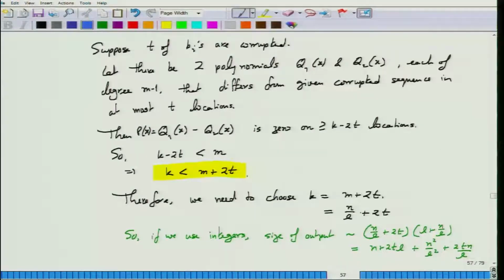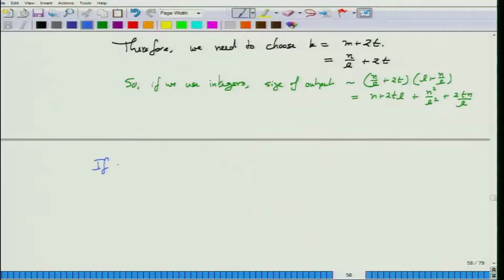Let me just start from here again and do a calculation. Size of output is k times L, and that is L times (n/L plus 2t), which is n plus 2tL.